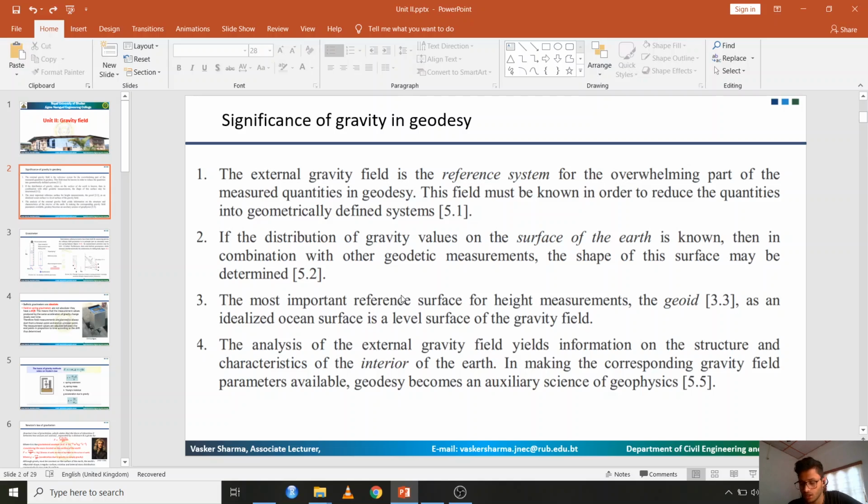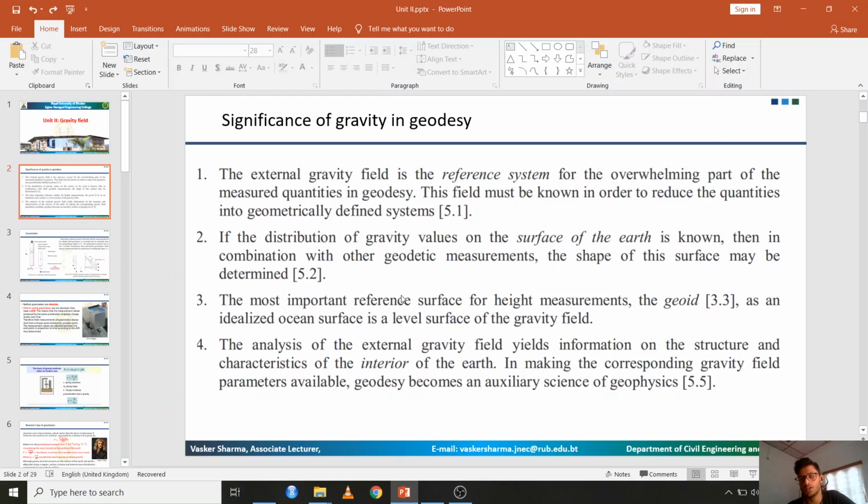These heights are governed with respect to certain reference systems or reference surfaces, which we already discussed in Unit 1, your ellipsoid or geoid. So we determine these reference systems, and it is also used in determining the Earth's shape. So how does the Earth's shape actually look?